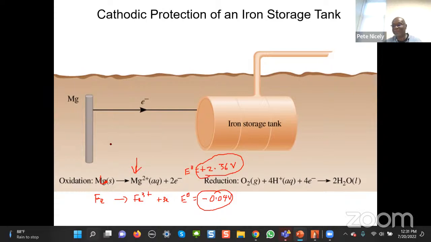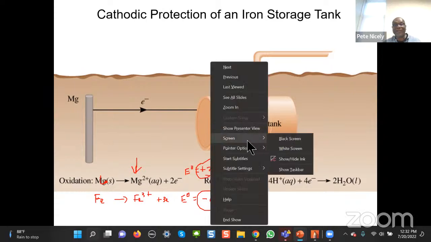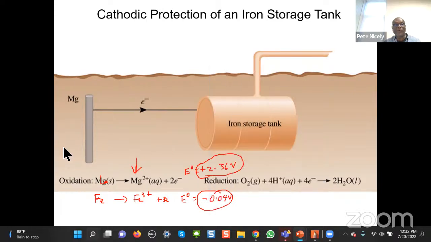So when you hook up the magnesium by a wire to the iron storage tank, instead of the iron undergoing the oxidation, it is the magnesium that will undergo the oxidation. So therefore the iron, which makes up this tank, will be preserved, and it will not rust, right?